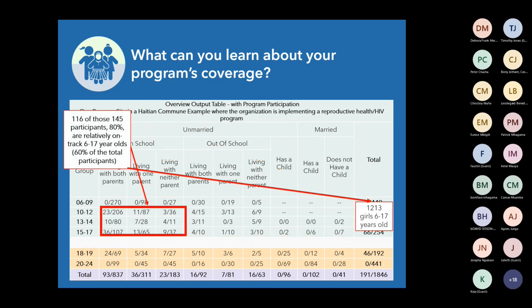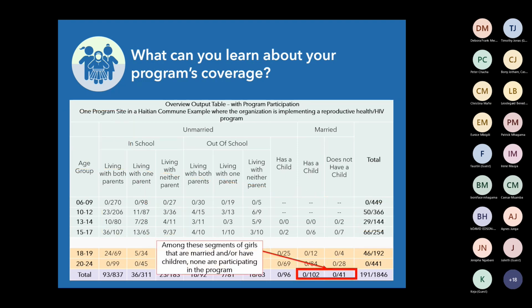Well, 116 of those 145 participants, or 80%, are actually relatively on track. They're in school. Yeah, some are not living with parents. Maybe they're living with only one or neither, but still they're doing pretty well. And that's 60% of the total participants. So 60% of their total participants are actually not the most in need.